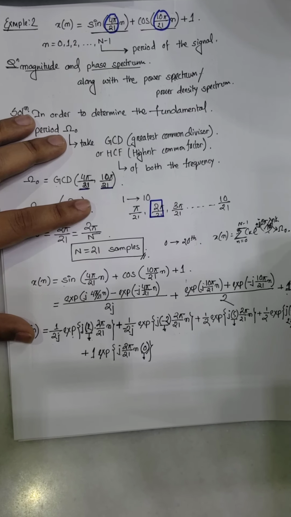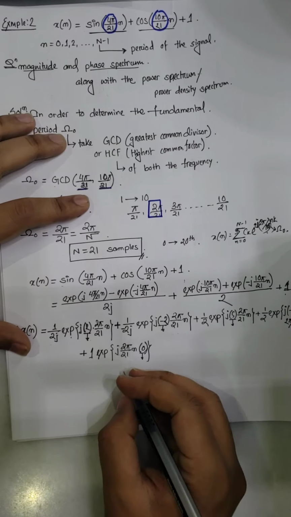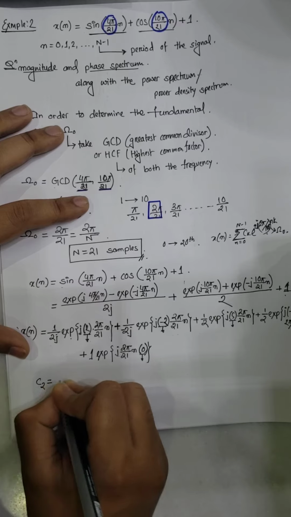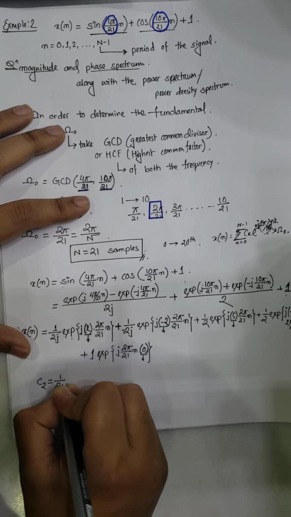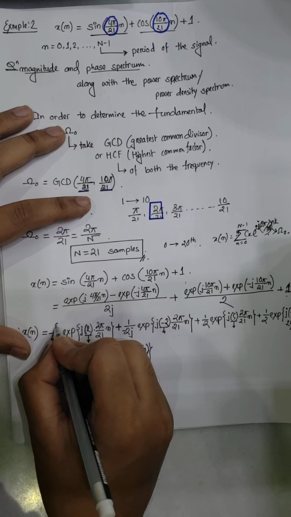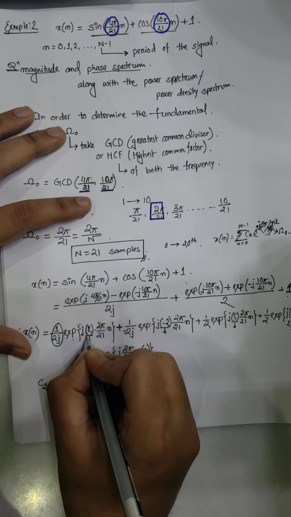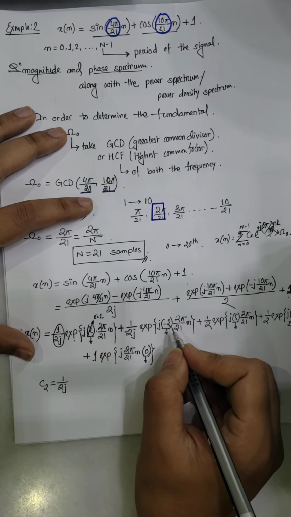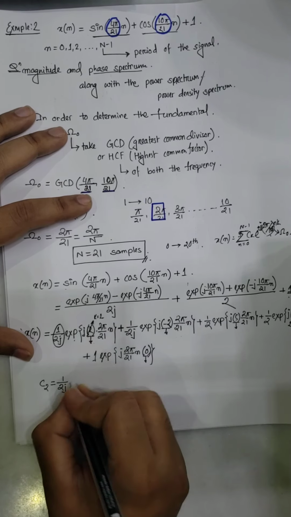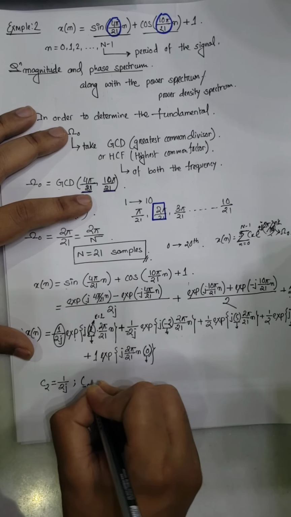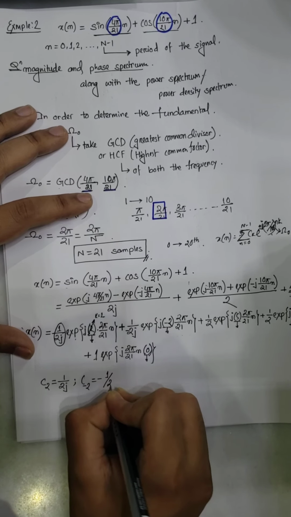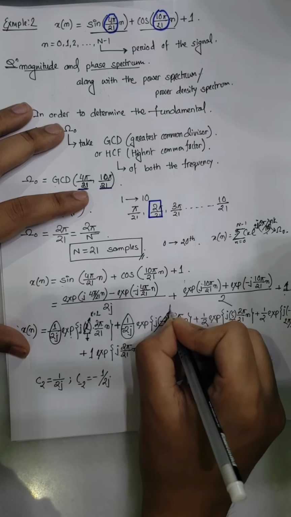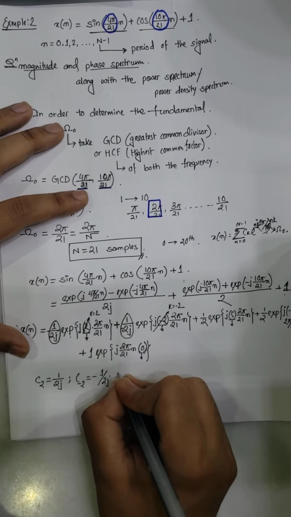Now, upon comparing it with the synthesis equation, we can easily write c of 2 to be equal to 1 over 2j. This is the value for k equals 2. Similarly, c of negative 2 is equal to minus 1 over twice j, that is the value when k equals negative 2.